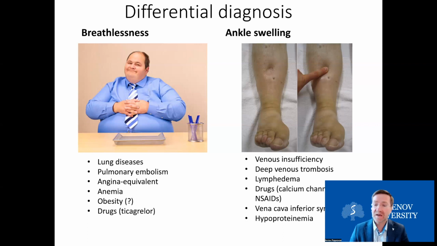Lymphedema, vena cava inferior syndrome, that's a compression of the vena cava, most often because of some malignancies, primary or metastasis. Hypoproteinemia due to kidney or hepatic diseases. And again, finally, some drugs.